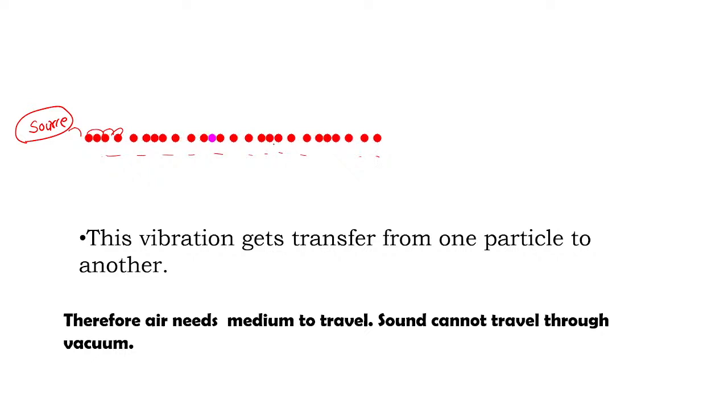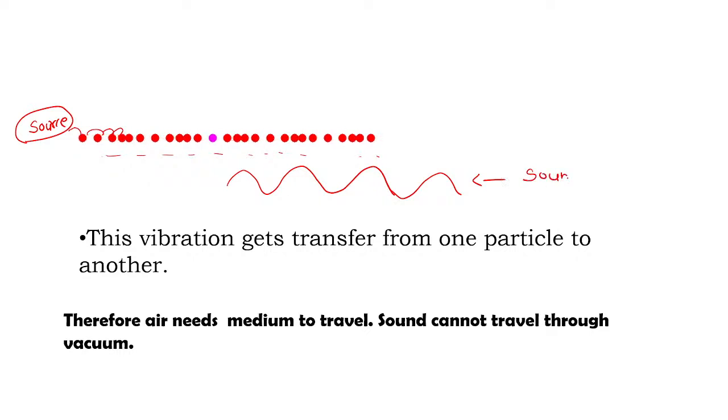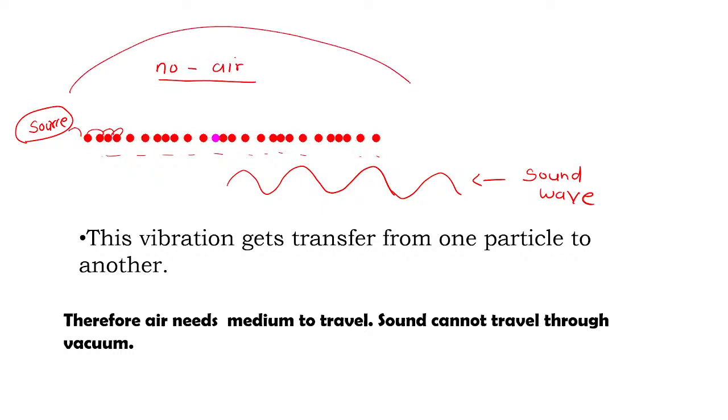And how does sound travel? I have already told you, this vibration travels in this pattern like a wave, and that's called a sound wave. So sound moves like a wave, just like you have seen water wave, similarly sound moves like this. If there were no air molecules, if there was no air, do you think the sound will travel from the source to the listener?